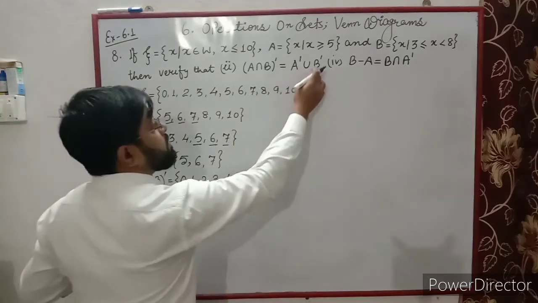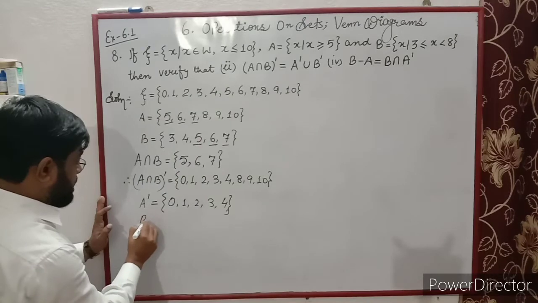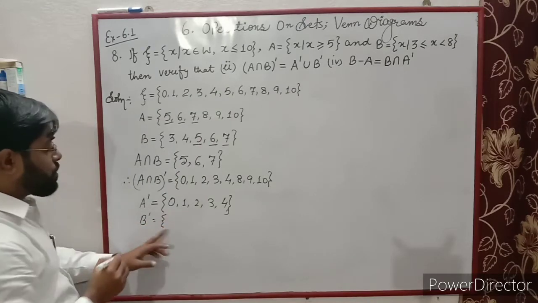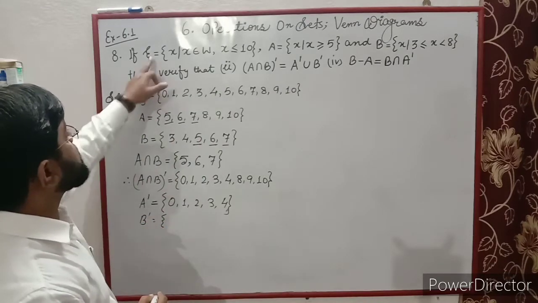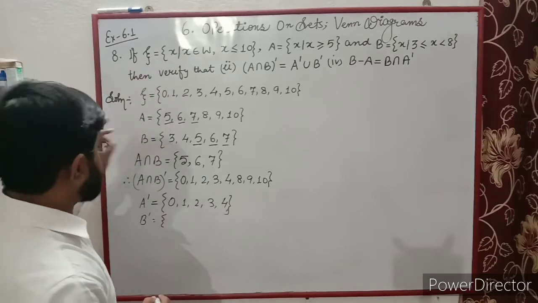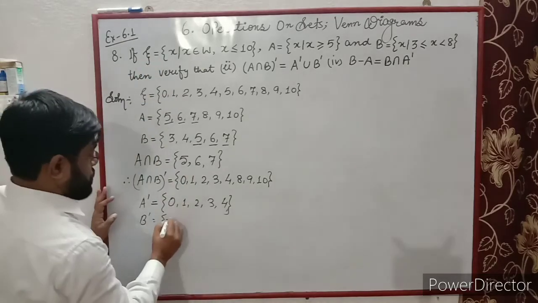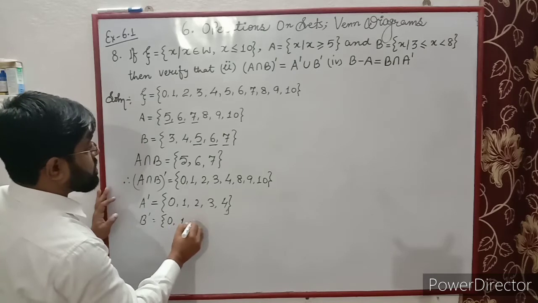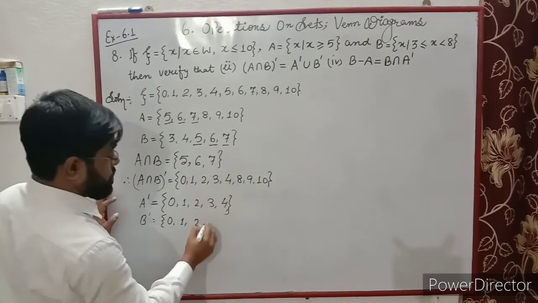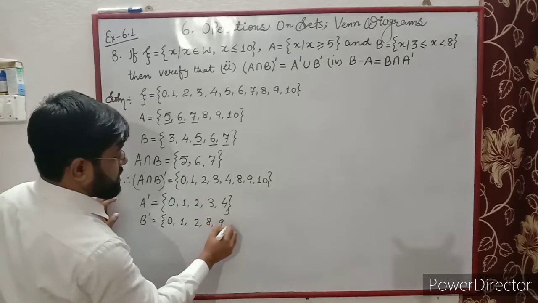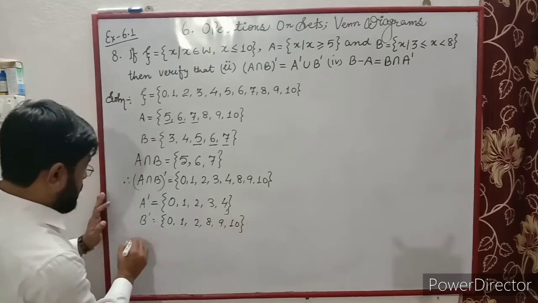Now we have to find complement of set B. Write all those elements which belong to the universal set but not in set B. So 0, 1, 2, 8, 9, 10.